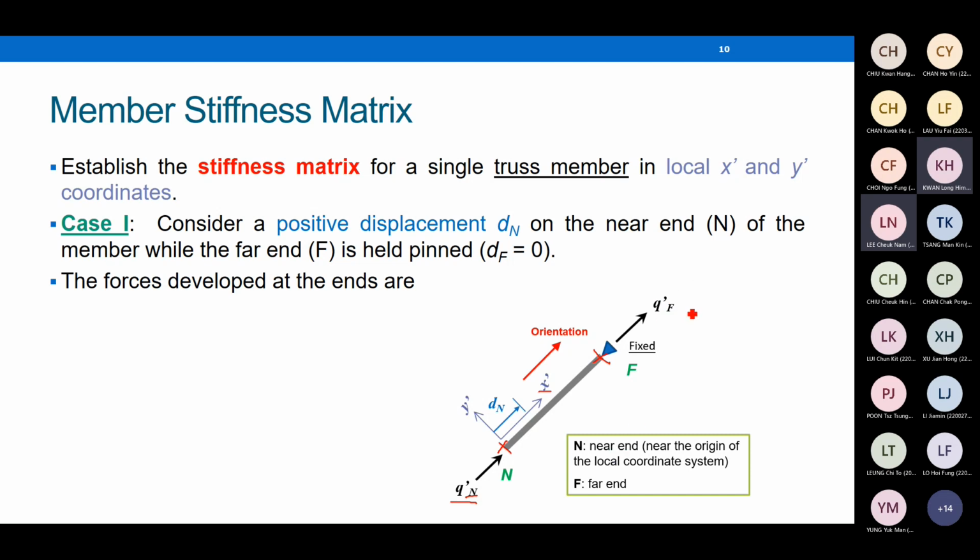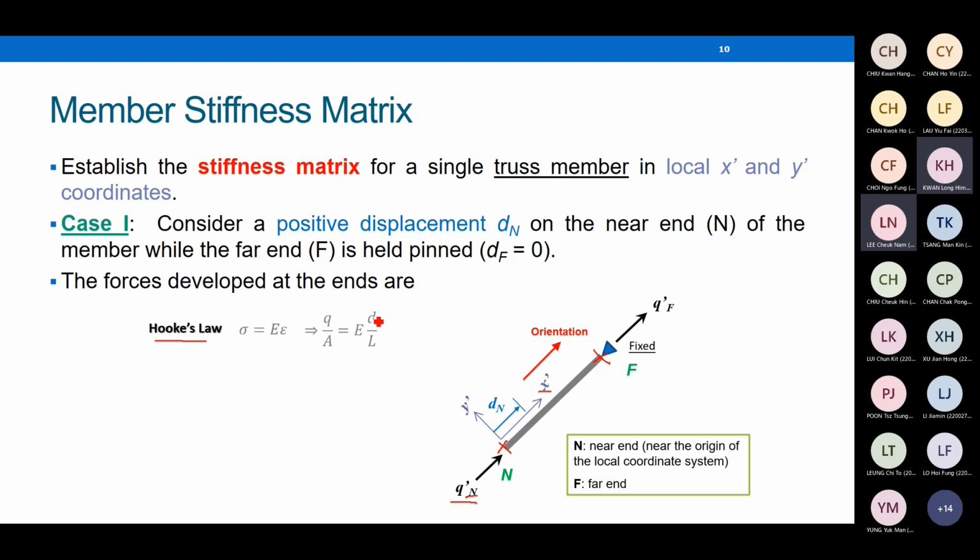How do we find out the values? You can recall this famous equation, Hooke's law. Hooke's law helps us to solve many problems. Hooke's law: stress equals Young's modulus times strain. What is stress? Stress is equal to force over area. What is strain?